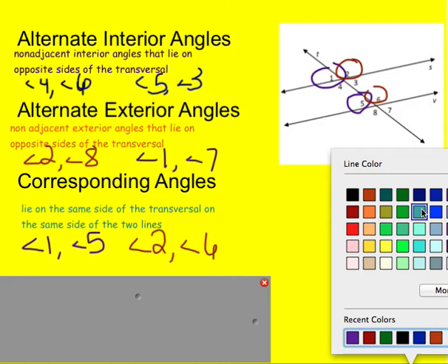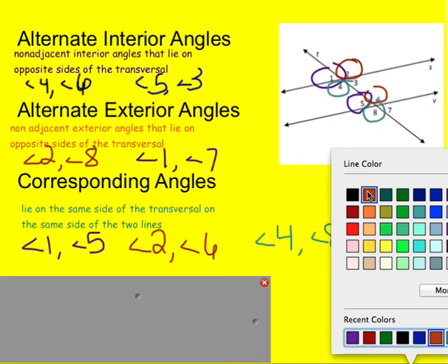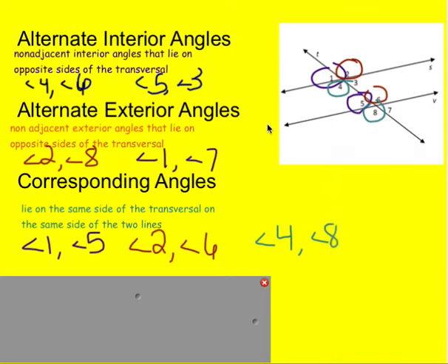Next, angle 4 and angle 8 are corresponding angles. And last but not least, angles 3 and 7.